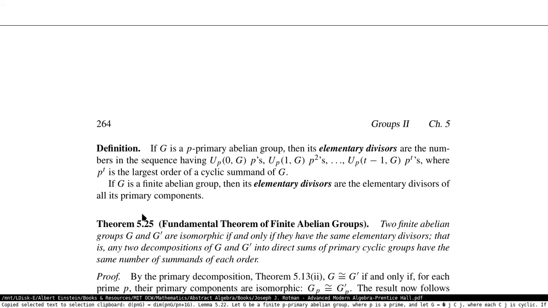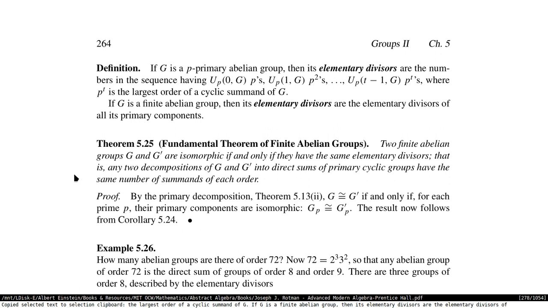If G is a finite abelian group, not just p-primary, then its elementary divisors are the elementary divisors of the primary components. Essentially, for elementary divisors you need the primary components. And Theorem 5.25, the fundamental theorem, is that two finite abelian groups are isomorphic if and only if they have the same elementary divisors, right?